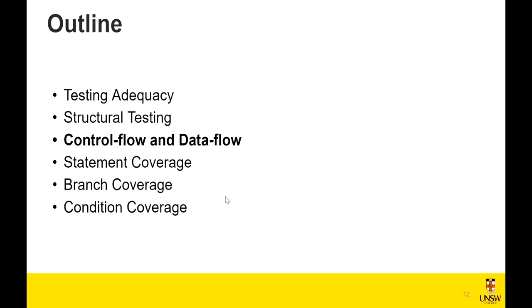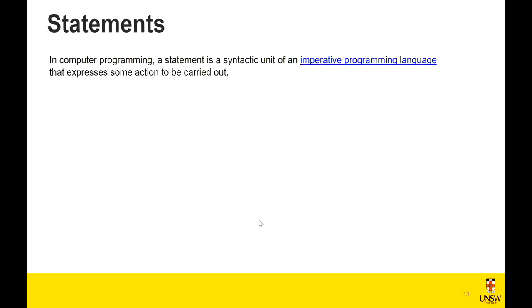And before we jump into different details or different adequacy metrics, let's try to answer the question: what kind of program structures do we want to cover? So first, almost all the programs we are using today are made up of statements.